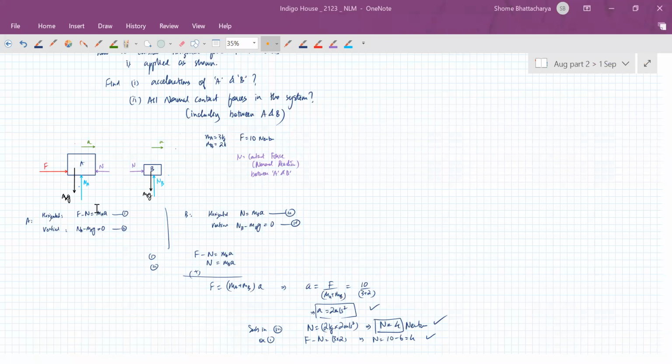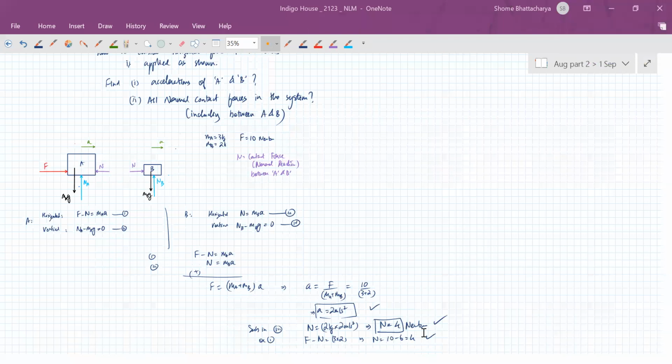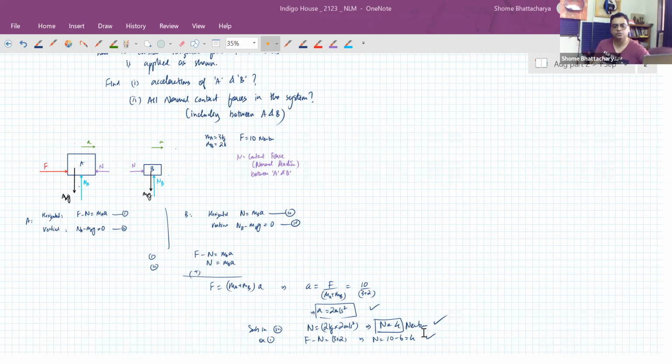But then we got the magnitude of N as 10, right? No, we did not. See, the N is coming out to be 4 newtons below. Oh, okay, sorry, sir. And that's why it's coming out to be less, because block A is moving. If we had kept the block A against a wall, then that would happen. Whatever force you're applying, the normal reaction would balance that because it would be at rest. So it would be 10 newtons.